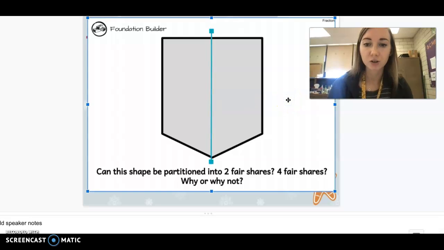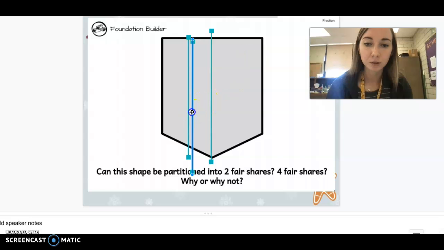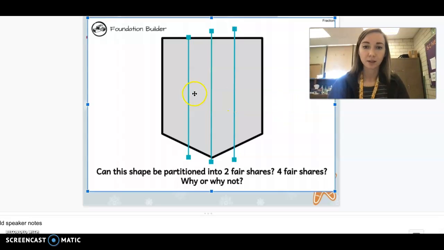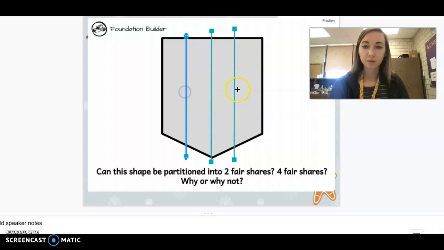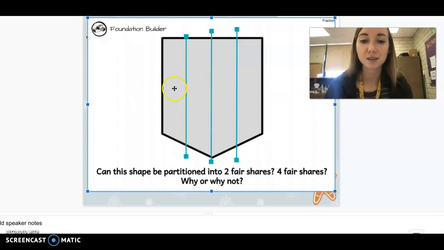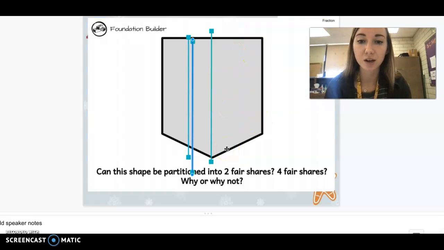What about 4 fair shares? Well, let's create that, so I'm going to go ahead and we'll do one there. We'll do one here. Did that create, let's try it like this, maybe a little bit over. Did that create 4 fair shares? It did not. That was not 4 fair shares because these are not the equal size parts that we need for it to be fair shares.